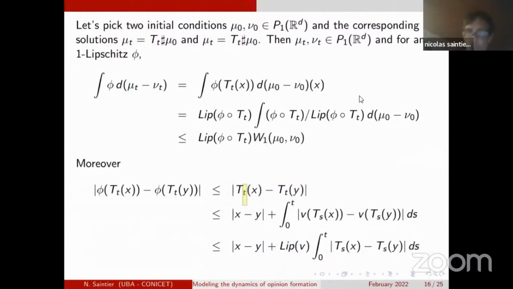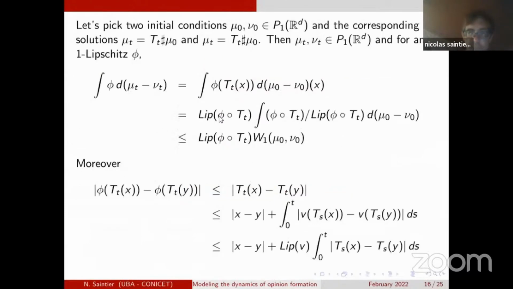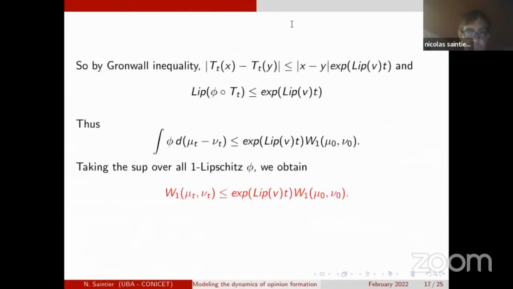Okay, so Grönwall's inequality first gives me this bound, and then when I put that here, I deduce a bound on the Lipschitz constant of phi of T sub t, which is this one. Okay, coming back to the very beginning of the argument, we got that.